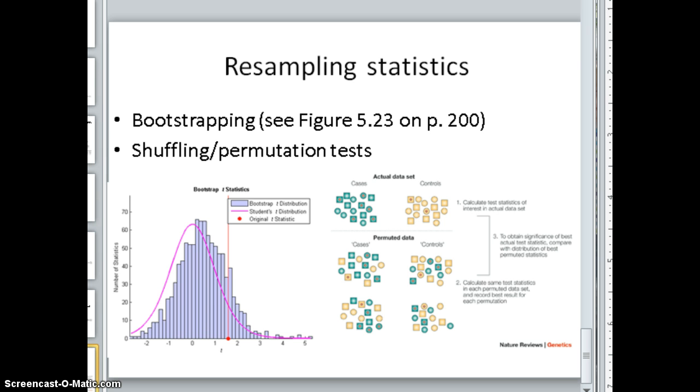With rank-based statistics, the distribution is uniform. It's totally random. Every rank has an equal chance of being either in a control or experimental condition if you're comparing means, or they have an equal chance of being in one variable or another variable if you're computing a correlation or regression. By comparison with resampling statistics, you estimate the distribution that the data came from.